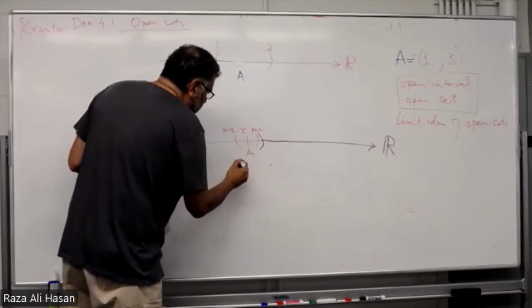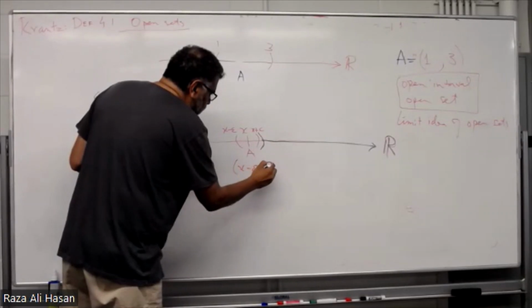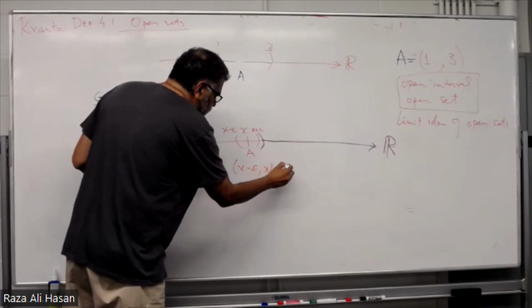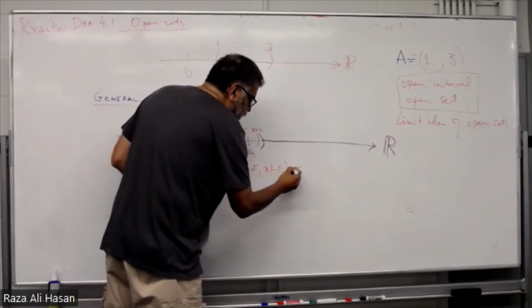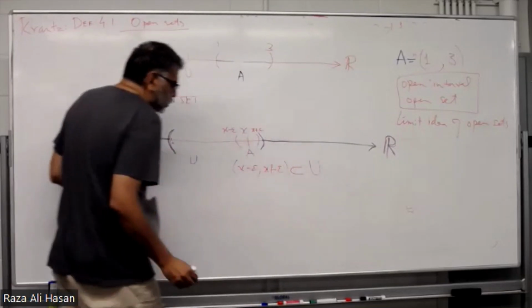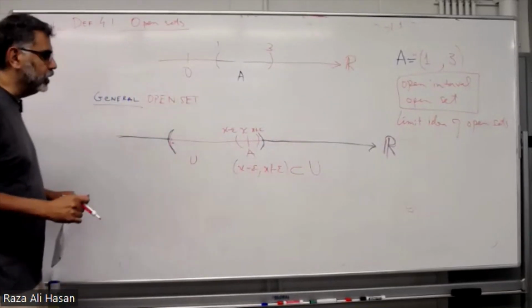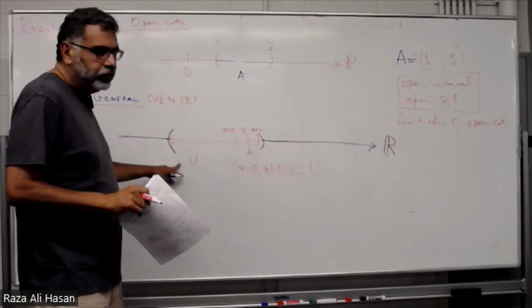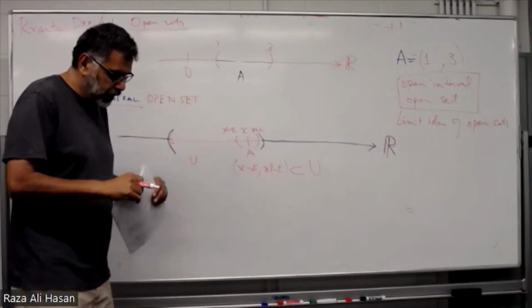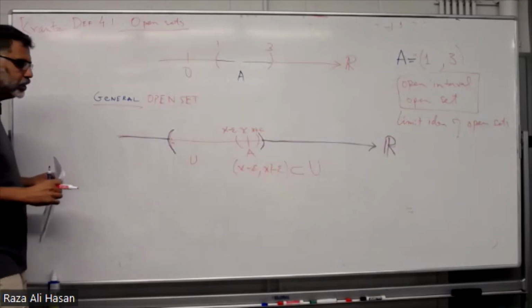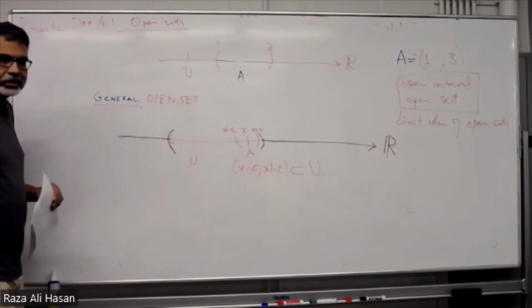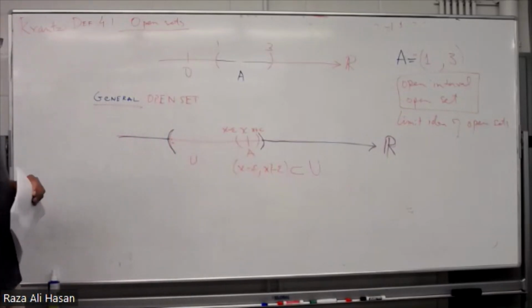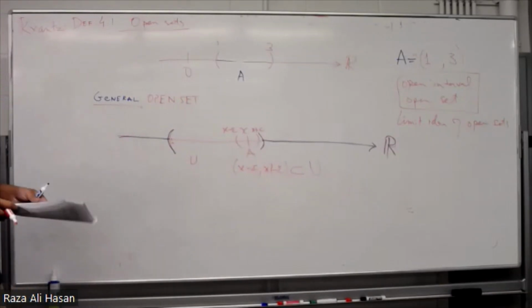So in other words, I would write this: this set here is a subset of U. If this is always the case, pick any element of U, and if I can put a neighborhood around it which is contained inside the set U, then set U is an open set.